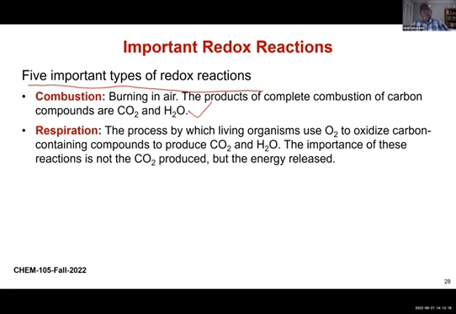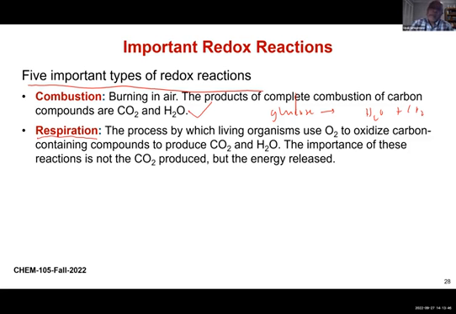Respiration. How many of you know glucose is converted to water and carbon dioxide in living organisms in the process called respiration?